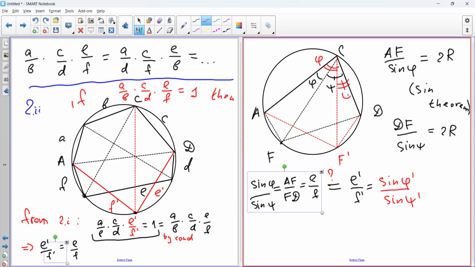So we have the sum of the angles being fixed. We have the ratio of the sines of the angles being also the same. And that actually shows, so by lemma, we have uniqueness of the position of point F, or in other terms, for this type of formulation, we have that F equals F prime.